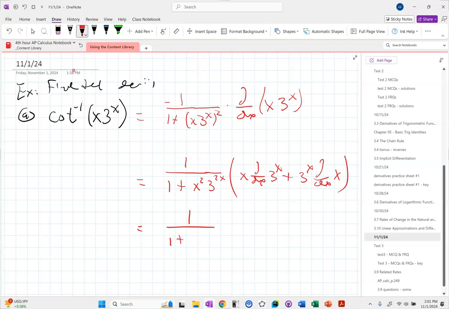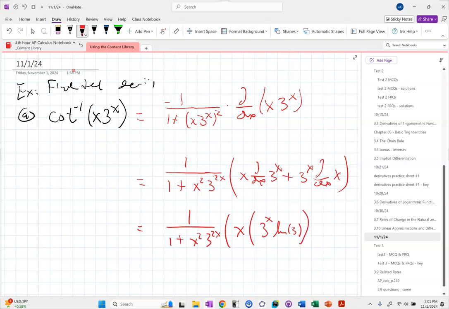So what's the derivative of 3 to the x? Three to the x, natural log of 3. Okay?